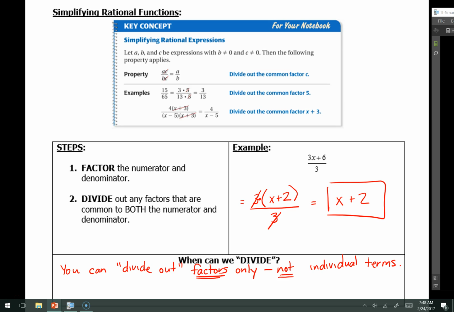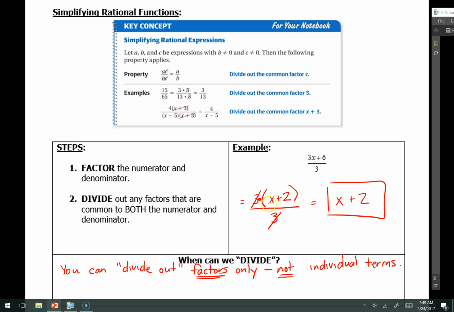It means that the part that you're dividing out has to be connected to the rest of the numerator or denominator with multiplication. So here, this little multiplication sign that I drew is really important because this part that I was dividing out has to be connected to the rest of the numerator with only multiplication.